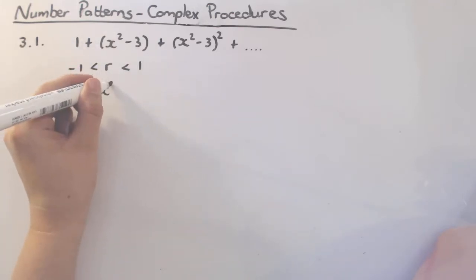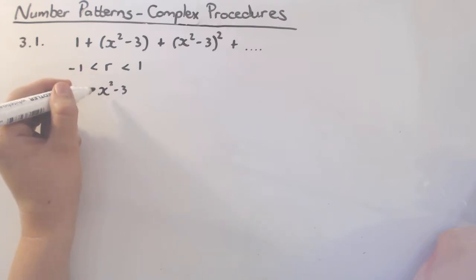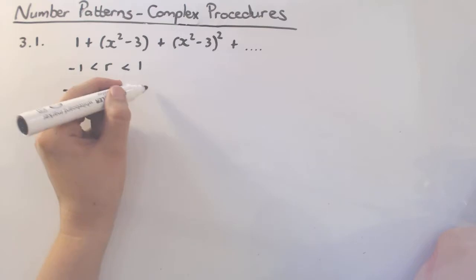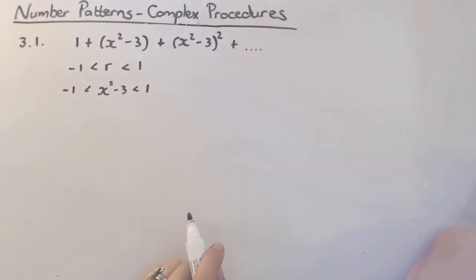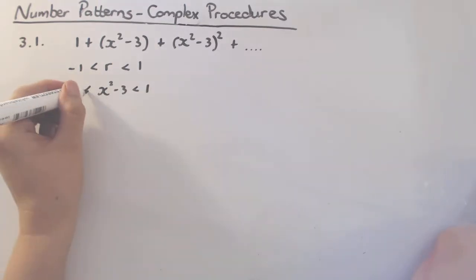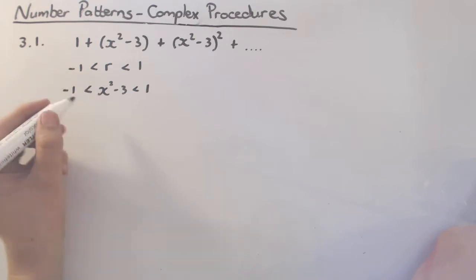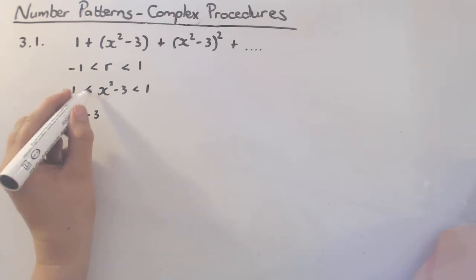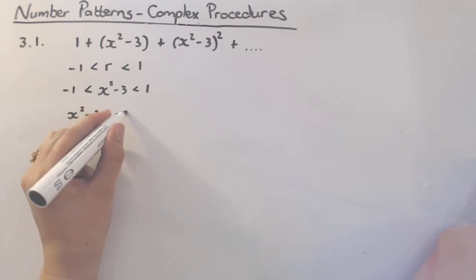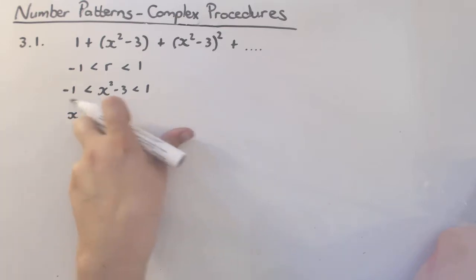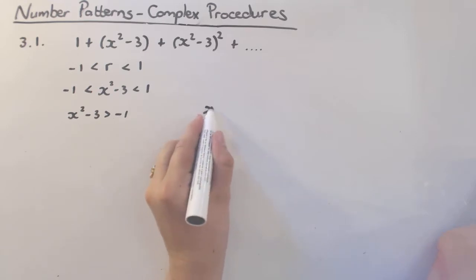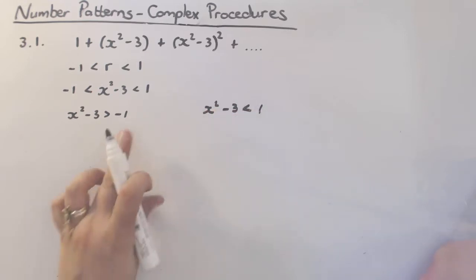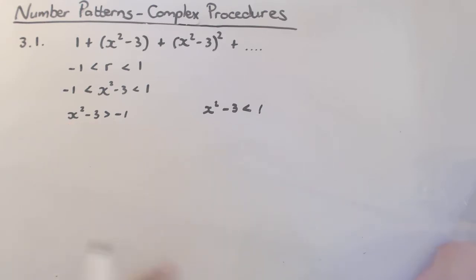So I can take x squared minus 3 over 1 must lie between -1 and 1. Okay, I'm going to break this up into two problems. I'm going to evaluate where is x squared minus 3 bigger than -1, which is that side, and also where is x squared minus 3 smaller than 1. So bigger than -1 and smaller than 1.